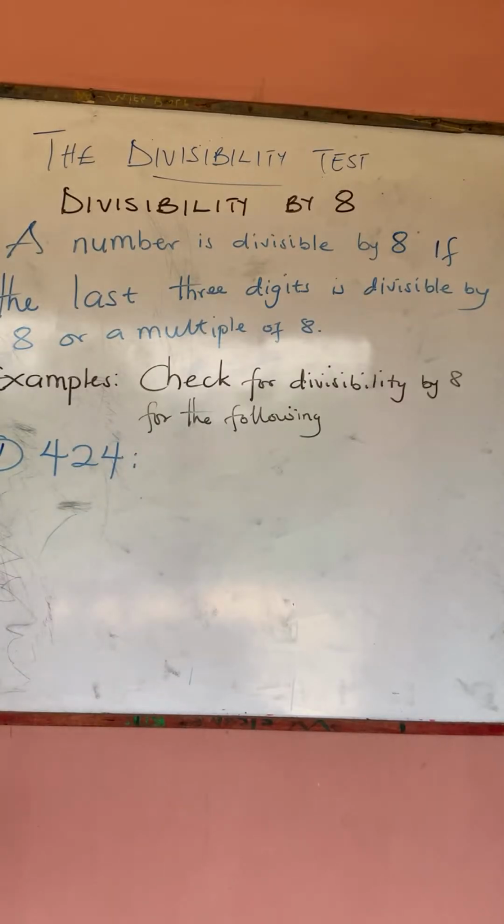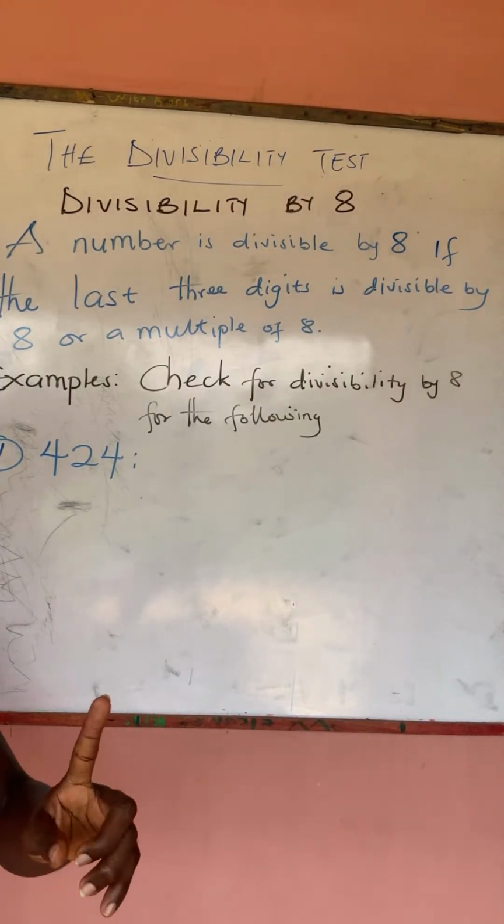Okay, so for examples, it says check for divisibility by 8 for the following. And we have the number 424.